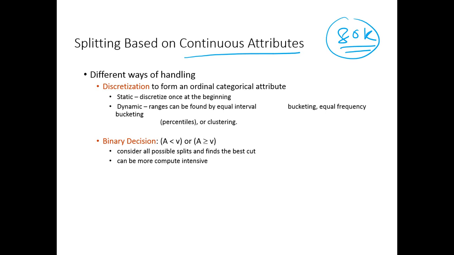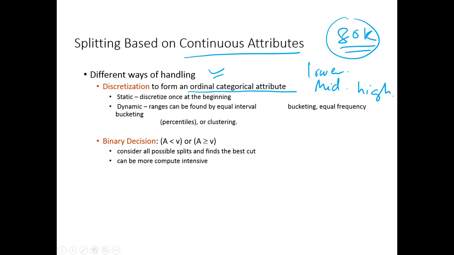There are different ways of dealing with continuous data. Discretization is a way to form an ordinal categorical attribute. That means income group can be lower income group, middle income group, higher income group. That's one way of doing it. Based on somebody's income, you can categorize them into three types: lower class, middle class, higher class.